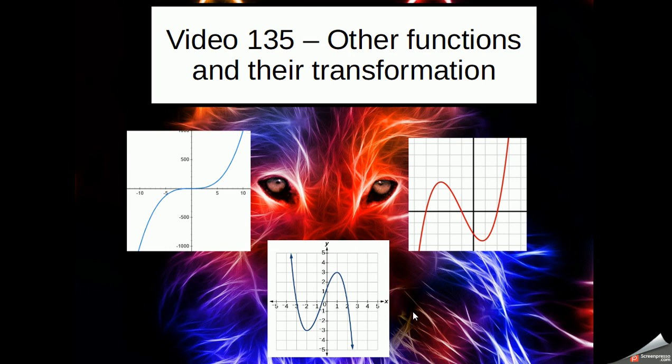Remember, in parabolas a negative wouldn't affect them because a minus times a minus is a positive, and a positive times a positive is a positive. So if we had minus 2 squared, it would be the same as 2 squared. In this case it's different because minus 3 cubed, a minus times a minus times a minus, would give us a negative, and a positive times a positive times a positive gives us a positive.